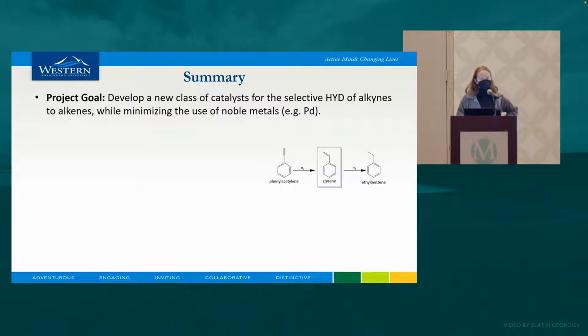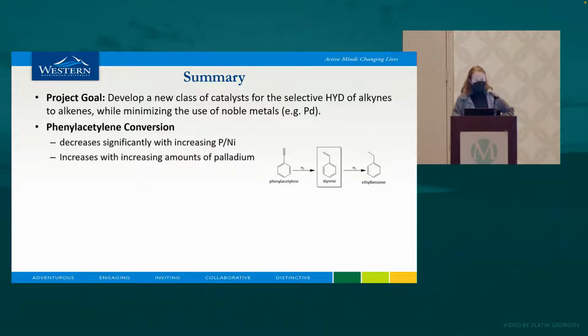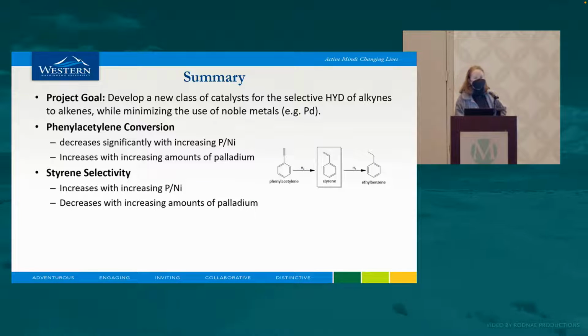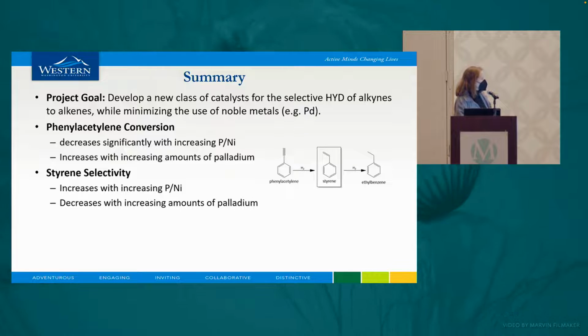The goal of the project was to develop a new class of catalysts for the selective hydrogenation of alkynes to alkenes, while minimizing the use of expensive noble metals, namely palladium. In terms of our phenylacetylene conversion, that is our triple bond, it decreases significantly as we increase the phosphorus to nickel ratio, but it increases as we add more palladium into the lattice, which is inverse to what we see with our selectivity, which increases as we add more phosphorus, but decreases as we substitute more palladium in.